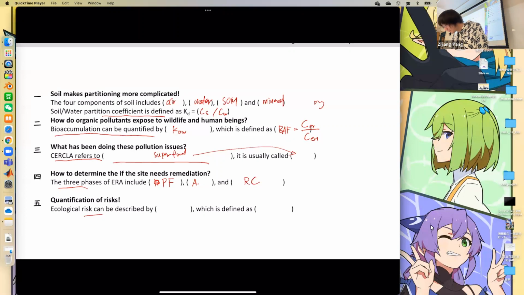And ecological risk can be described by the hazard quotient, which is defined as the concentration of exposure divided by the toxicity reference value.